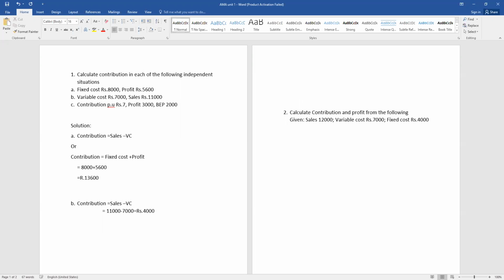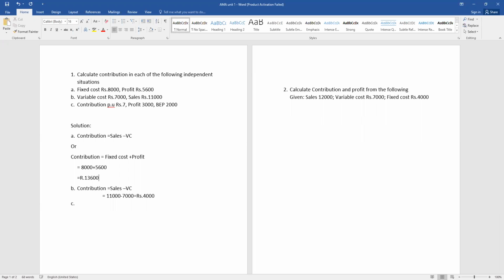So in the second situation, we have calculated contribution as sales minus variable cost because they have given us sales and variable cost. In the first situation, they had given us fixed cost, so the contribution can be rewritten as fixed cost plus profit. So using the second formula, we calculated.